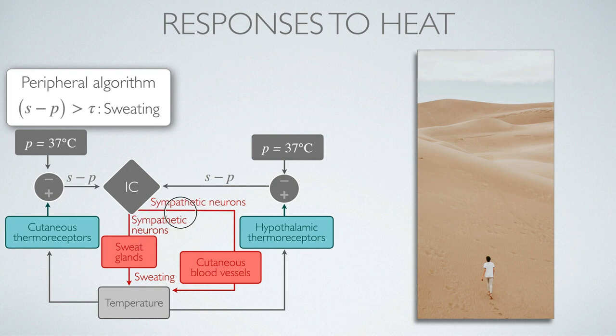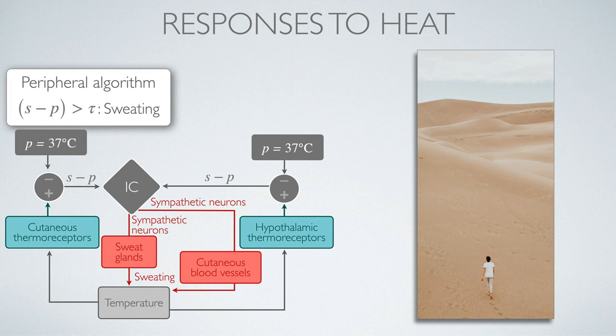But just know that this sympathetic pathway is an example of a particular kind of autonomic pathway. So you're not conscious of it. And in response, you start sweating. That allows for evaporative cooling, which will tend to reduce temperature and therefore counteract the stimulus that was detected by the cutaneous thermoreceptors.